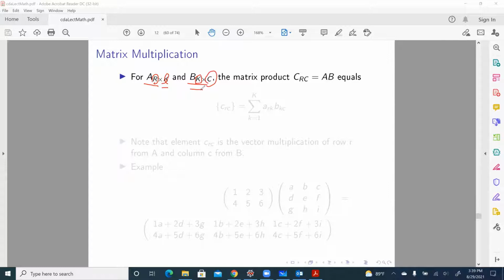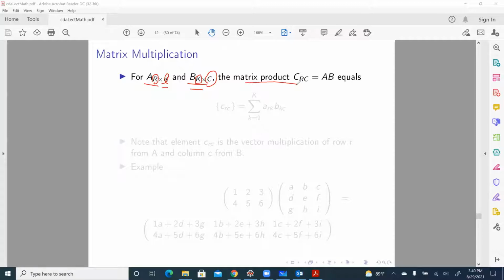The number of columns in the first matrix, the multiplicand. The number of columns of the multiplicand matrix has to be equal to the number of rows in the multiplier matrix. Then we're going to have conformable multiplication. Otherwise, it won't work.